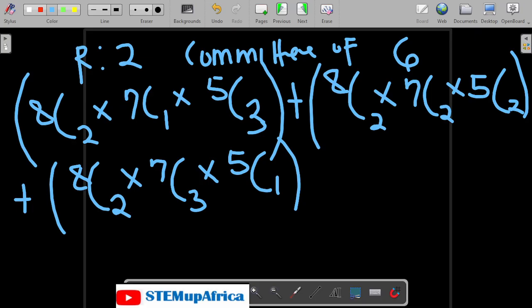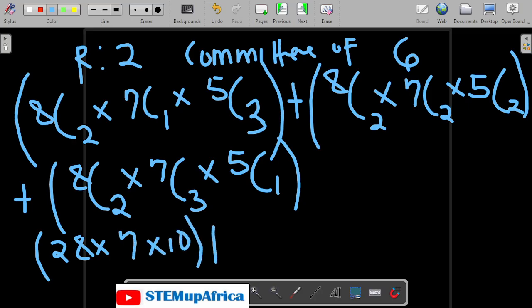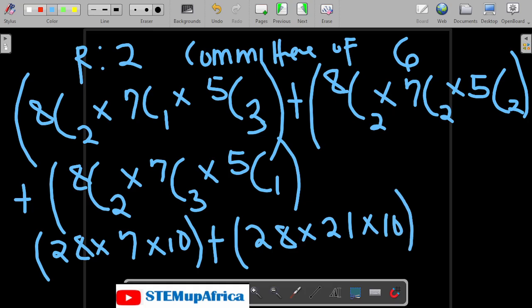So if I simplify, 8 combination 2 is 28, times 7 combination 1 is 7, times 5 combination 3 is 10, plus 8 combination 2 again, 28, times 7 combination 2, that is 21, times 5 combination 2, which is 10.